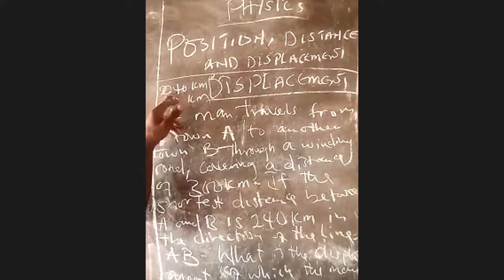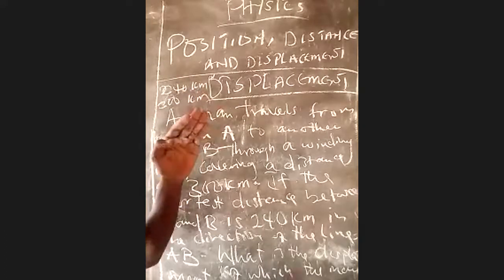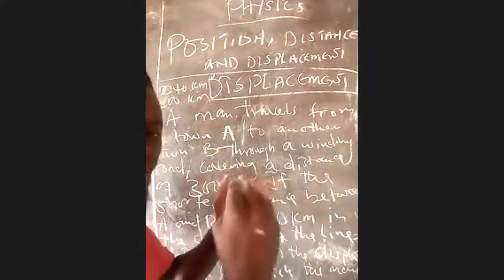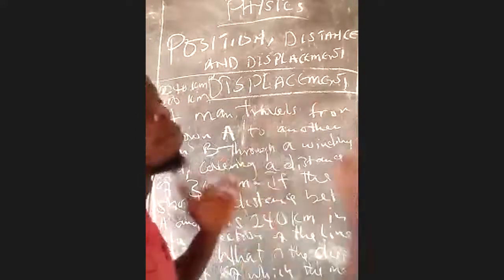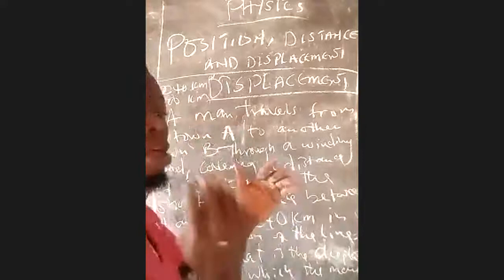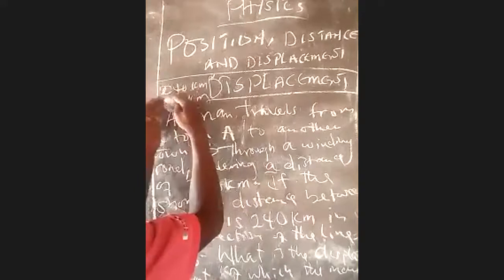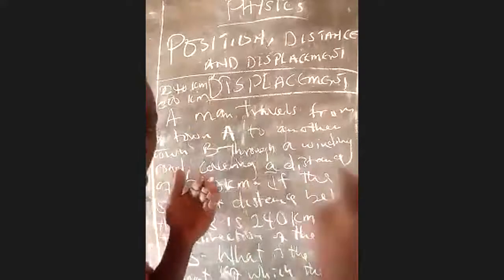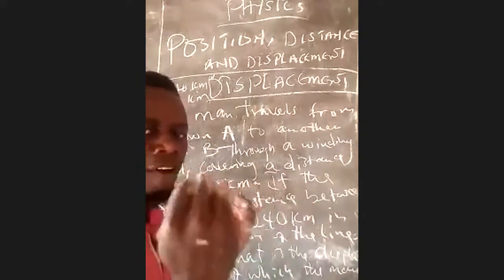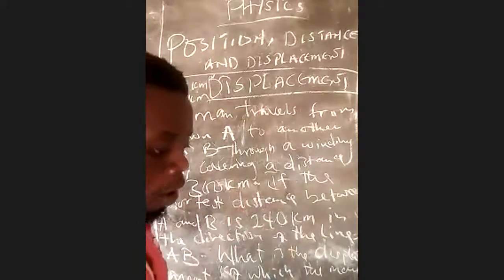If the man travels by the shortest distance through the line, the displacement will be 240 kilometers, because displacement is specified by a certain direction in which an object moves. Either the man moves through the line or through the windy road, the man must definitely travel to town B in a specified direction. The specified direction in which the man traveled is what we refer to as displacement.